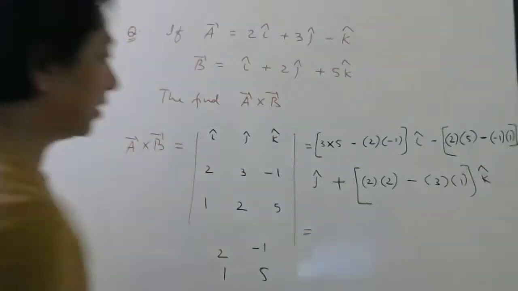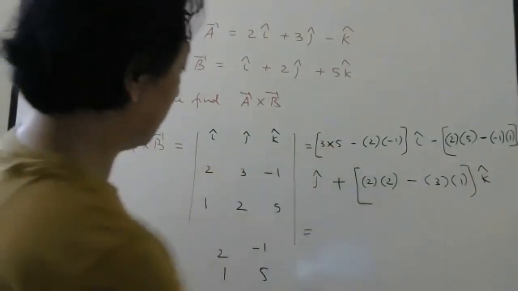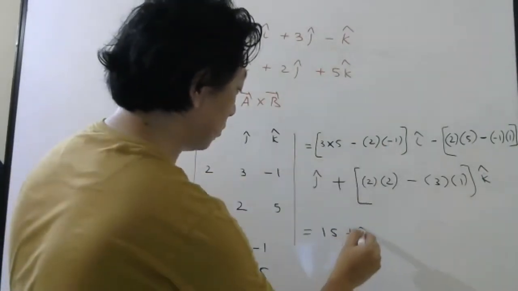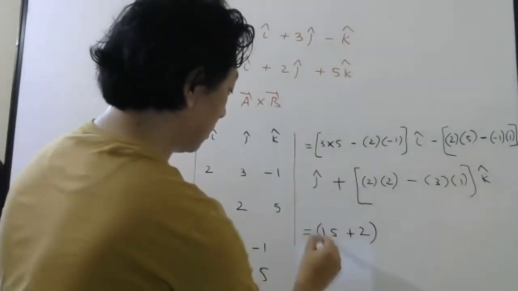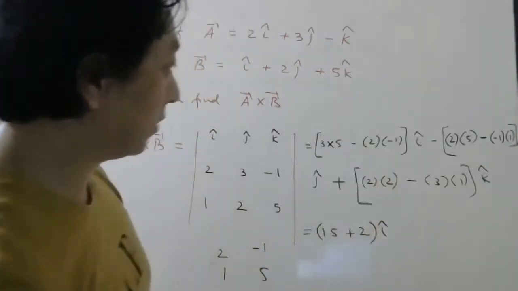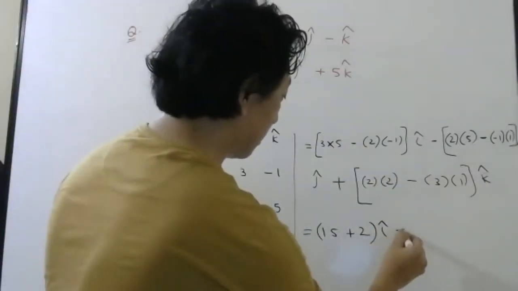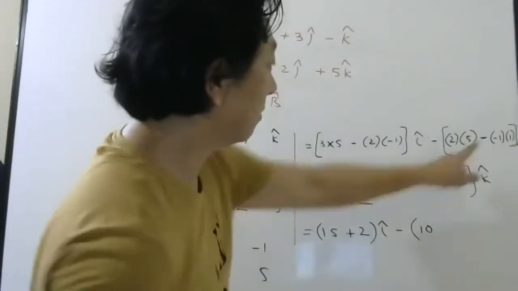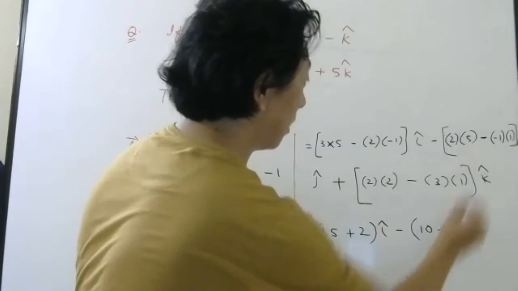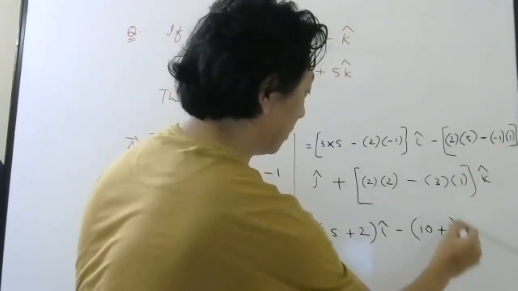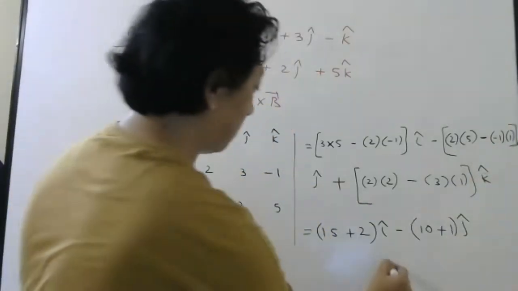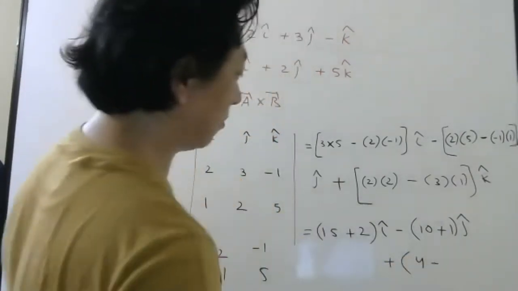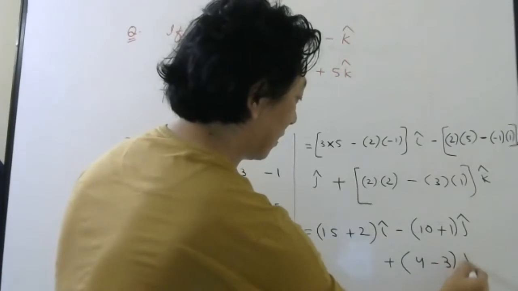Let us check how much it is. 15 plus 2 ones are 2. So this is the X component of the cross product. Minus 2 5s are 10, plus 1 ones are 1. This is your j component. Plus 2 2s are 4, minus 3 ones are 3.